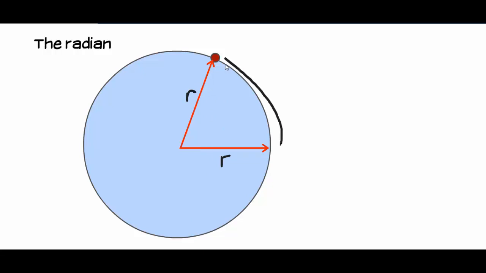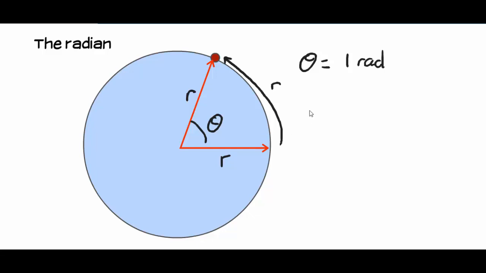So here is r, then our angle here, theta, is equal to 1 radian. Now the reason we use the radian is, if you're doing calculus, it makes your life a lot easier, and when you come to describe circular motion, it makes your life a lot easier.